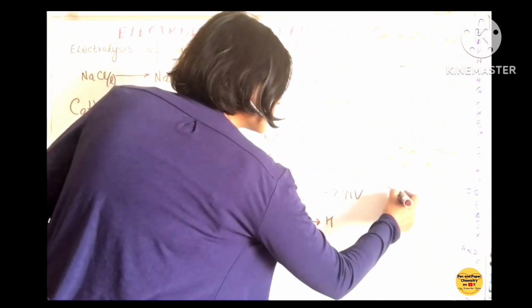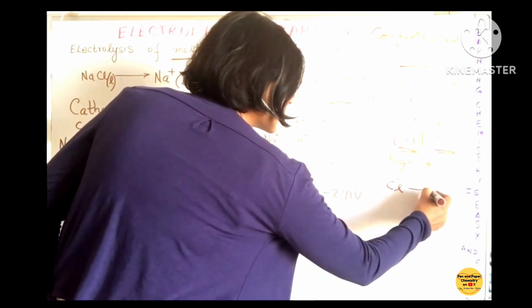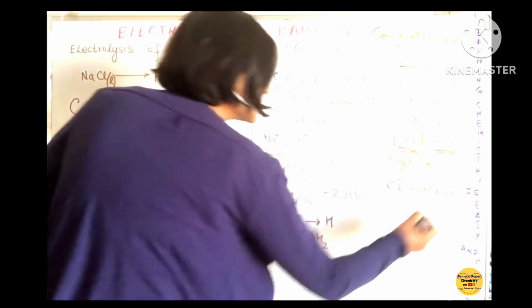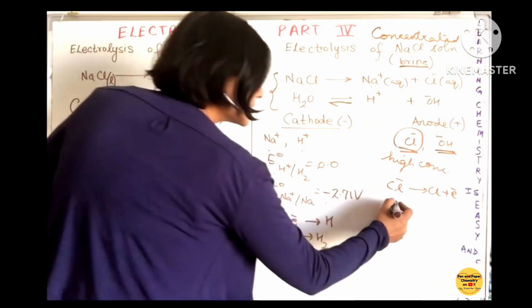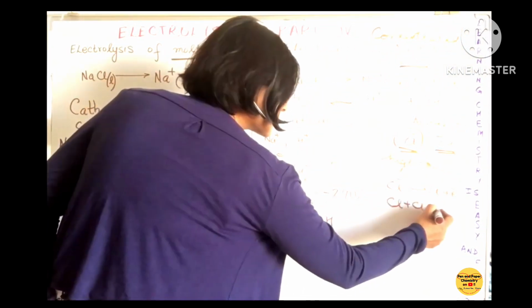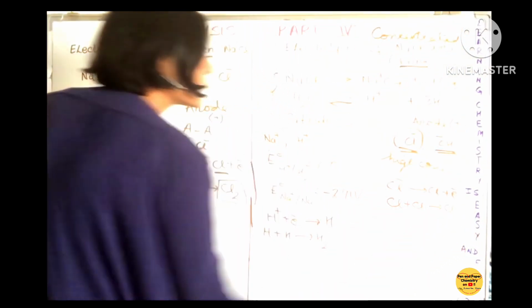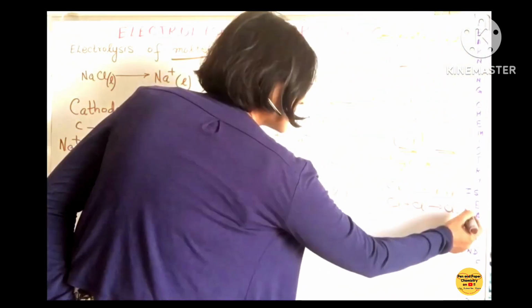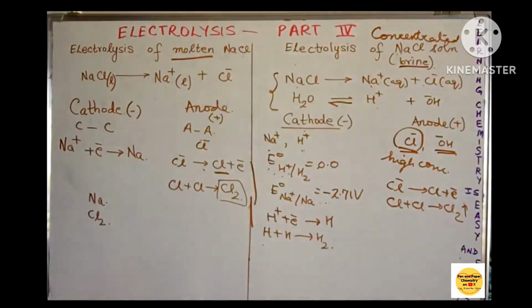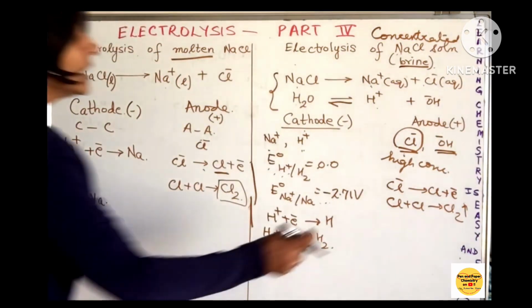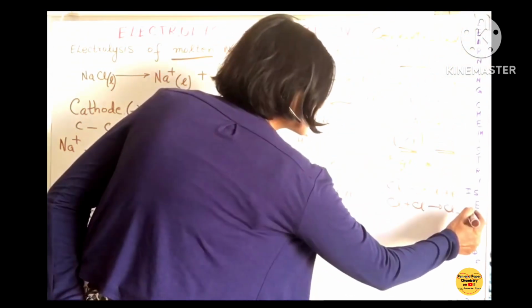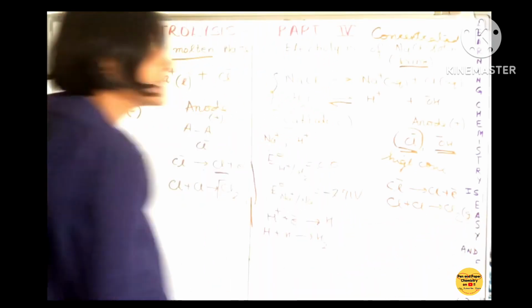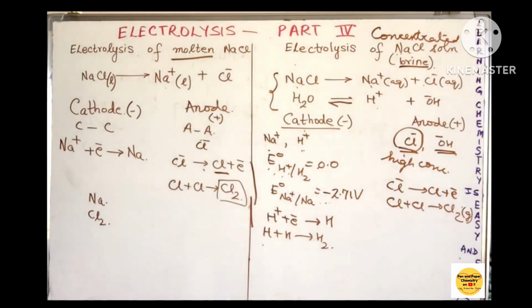So chloride ion loses electrons, forms Cl. Cl plus Cl gives me Cl2. So a gas is liberated, and that's the greenish yellow gas. Chlorine is liberated over here. We can show it by a small g in brackets in front of chlorine.